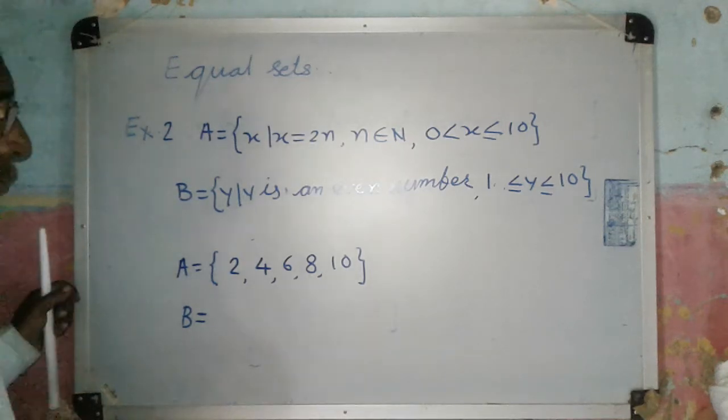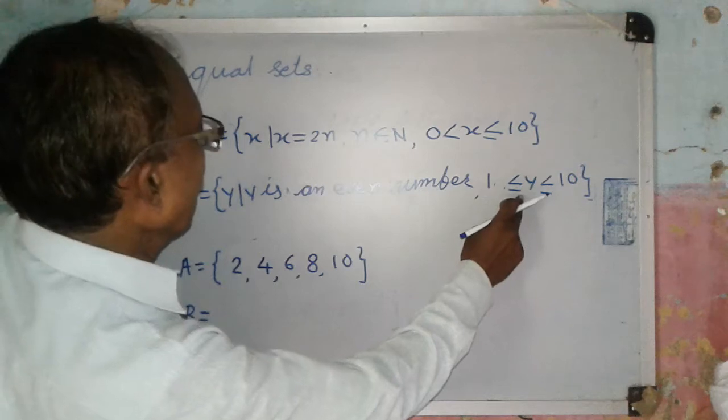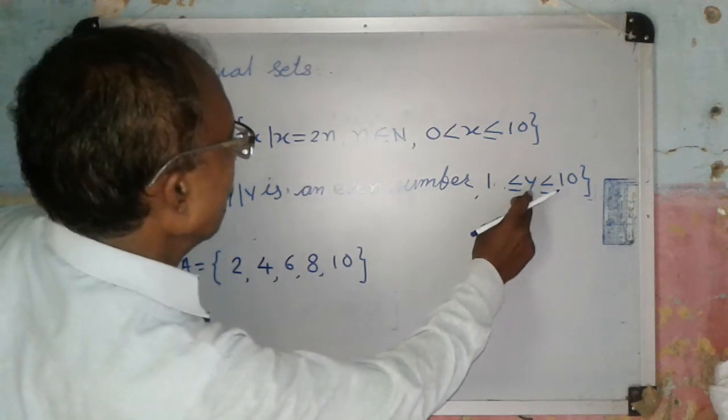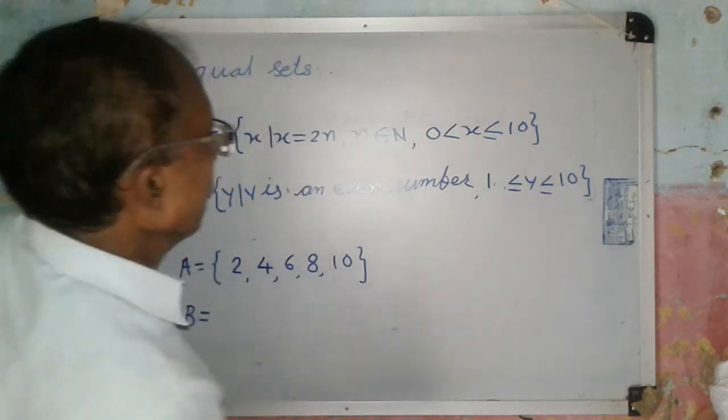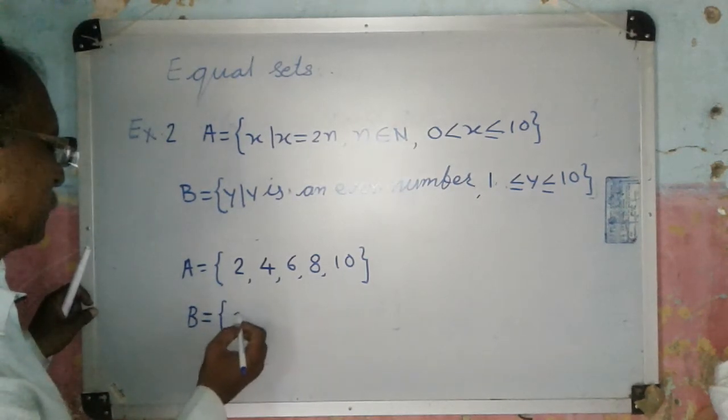That means even numbers which are greater than or equal to 1 and less than or equal to 10. Here will be the same elements.